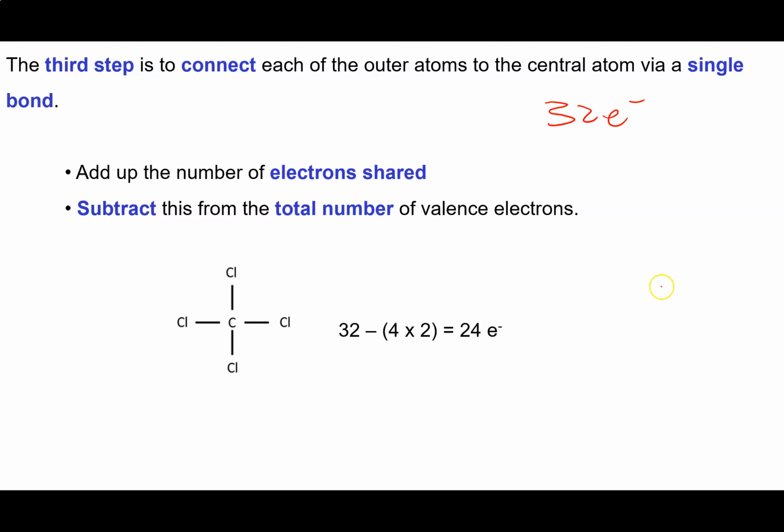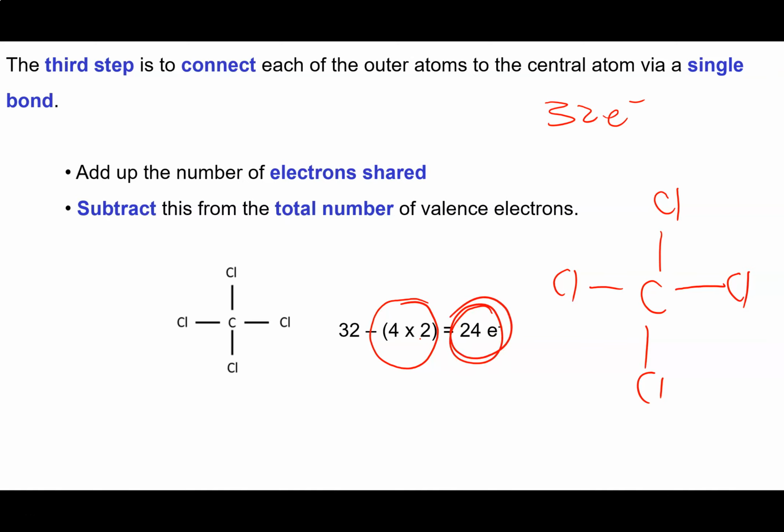So once you've got your outer atoms and your central atom identified, you can draw in single bonds, because you have to have at least single bonds tying everything together. And then the important thing to do now is to subtract away 2 electrons from your total for every single bond that you draw. So now I've got 24 electrons left to finish everything off.